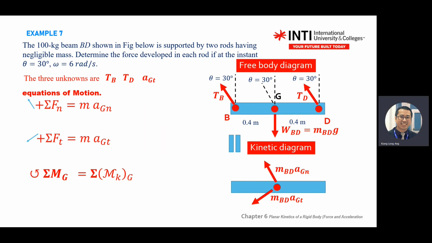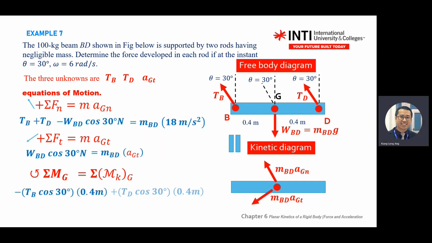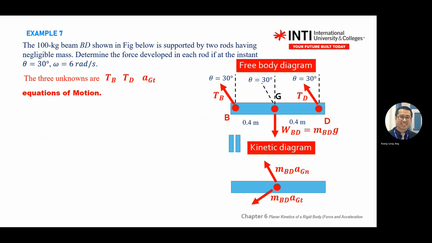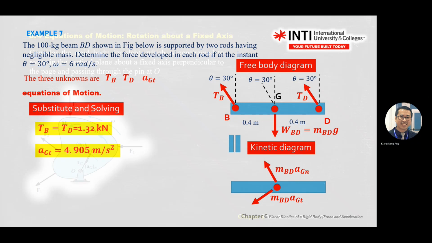So zero, makes sense. I'll give you all the answers. Then you solve and you get the answer.